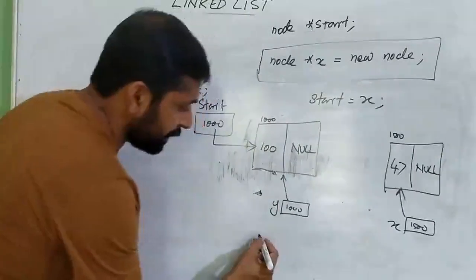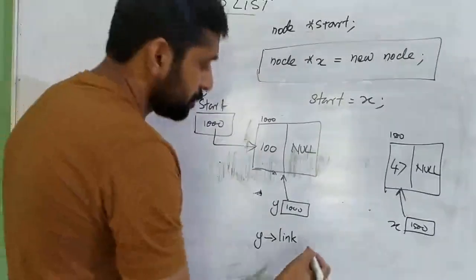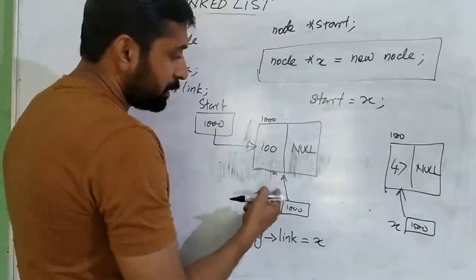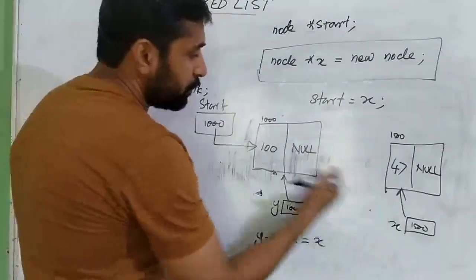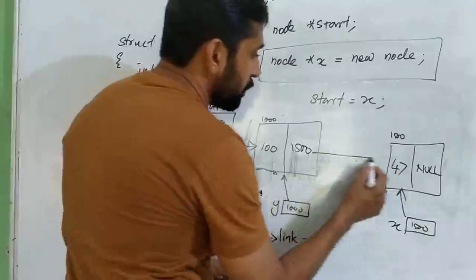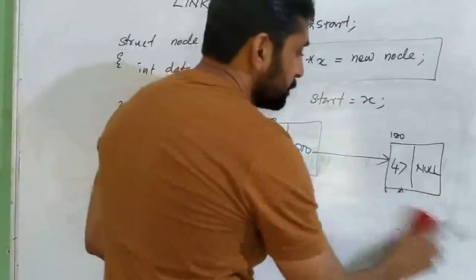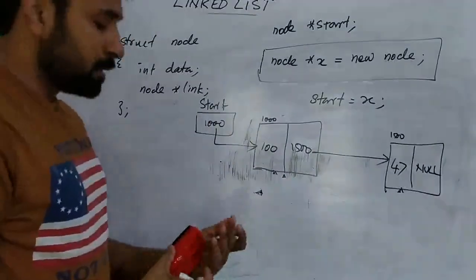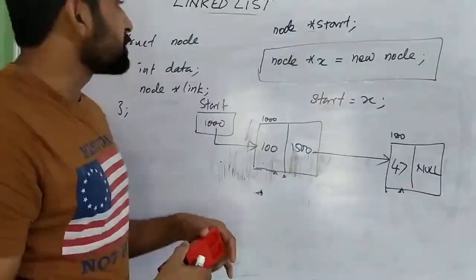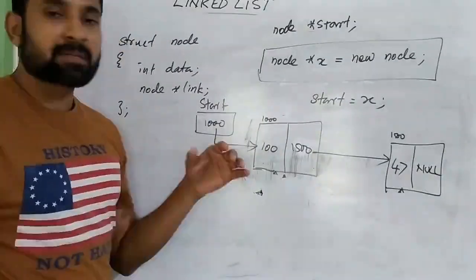We can write a statement like this, y.link = x. So y.link is this one, and it will be stored with 1500. So here comes 1500. This points to this. In this way we can create a linked list. We shall see the C++ code for the creation of linked list in another session. So this is the basics of linked list. The remaining will be discussed in the next sessions.